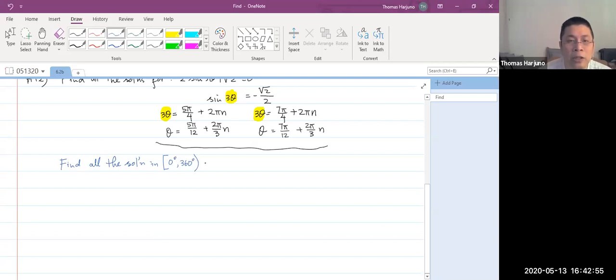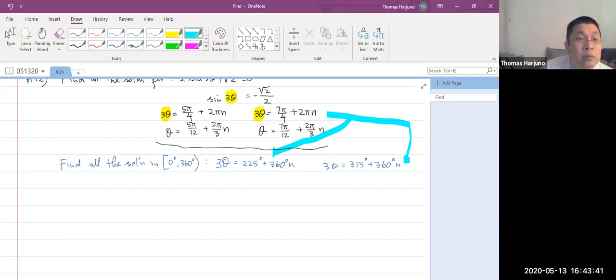Then we continue from the general solution. 3 theta equals 225 degrees plus 360 degrees n, and 3 theta equals 315 degrees plus 360 degrees n.